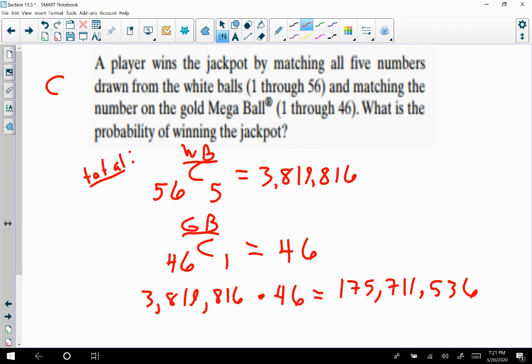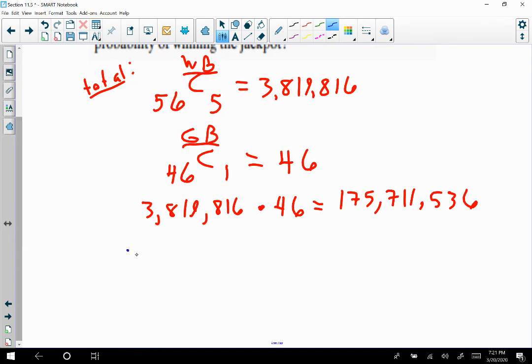All right. So now our event is all about being the jackpot. In order to win the jackpot, you got to match all 5 numbers and the gold mega ball. How many ways can we do that? There really is only one way.